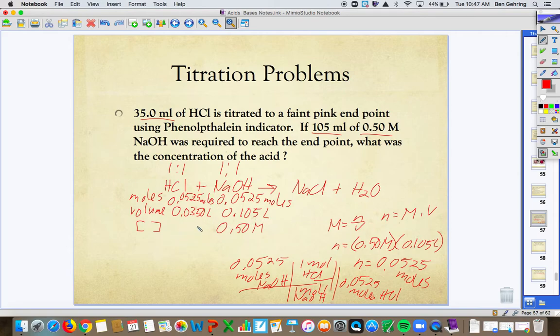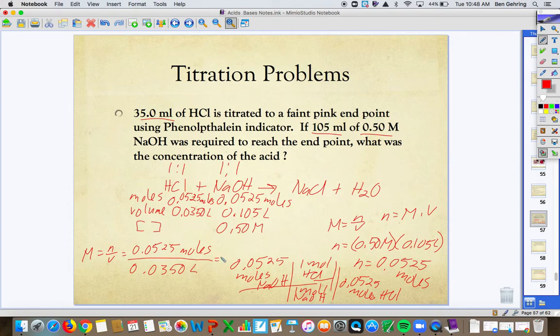Okay, and now I'm looking for concentration, so I can take this equation and I can take 0.0525 moles and divide it by my volume, which is 0.0350 liters.